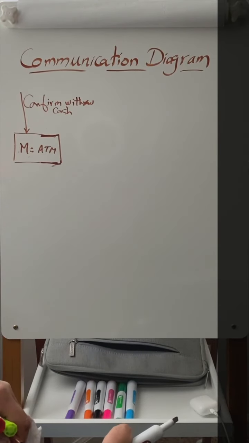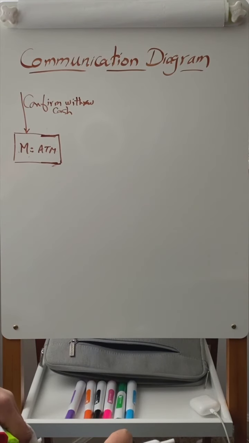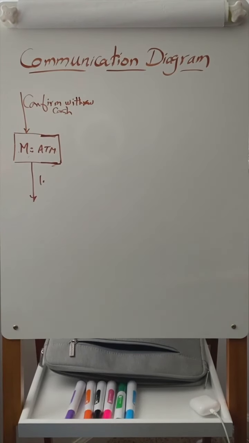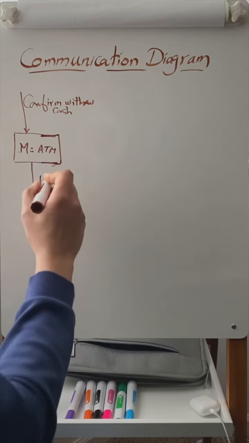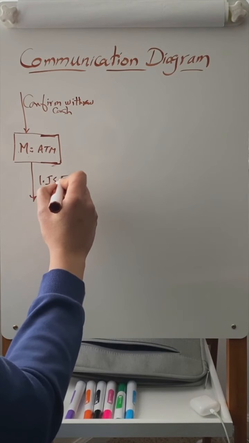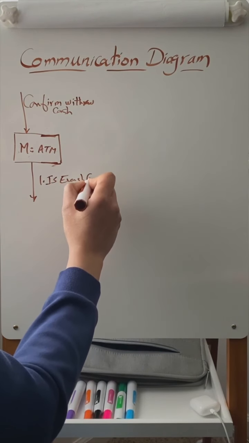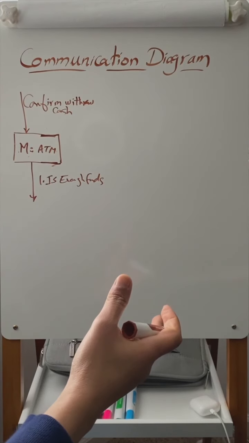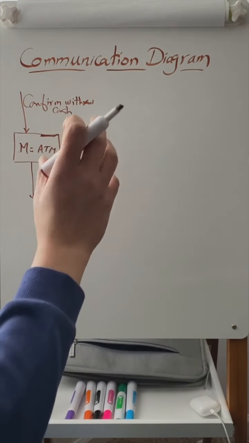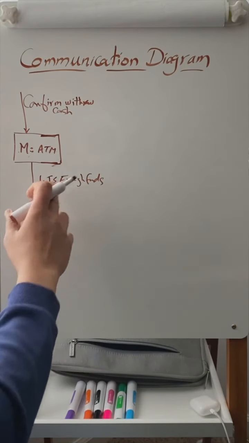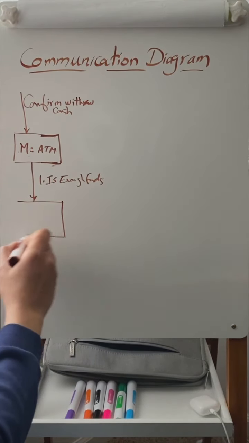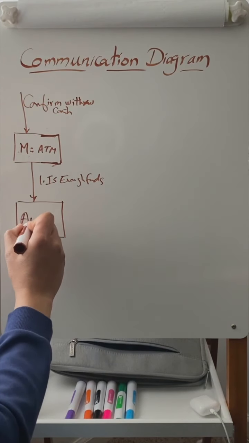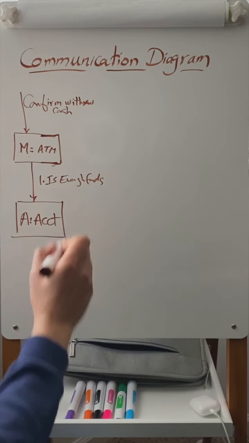So we start here, going through that. The first thing that happens, step one, would be is enough funds. That was from the activity diagram, where the first thing was is enough funds as a decision. Maybe the decision will be in the account, and I call it A, and it's of type account.